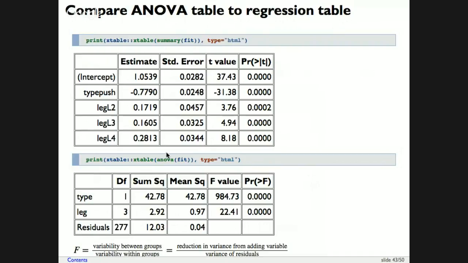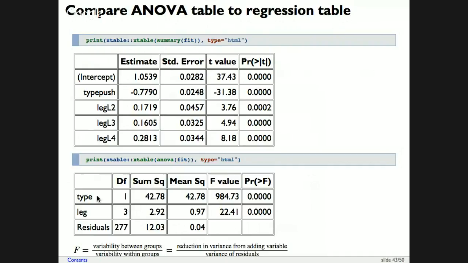And this ANOVA can actually take two fits as an argument, fit 1 and fit 2, where you use different model formulas for them. And it will give you an analysis of variance comparing those two models rather than the default of intercept only to intercept with a variable added.